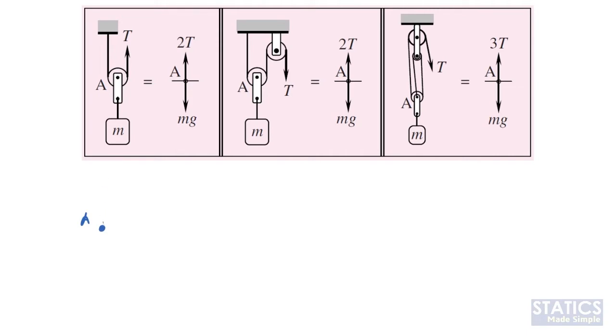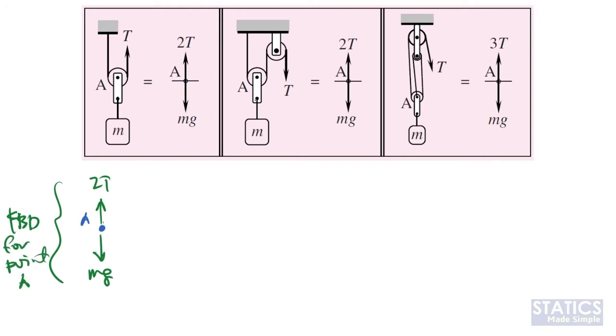So you will have T and another T. Since we are ignoring the dimension of the pulley, instead of having T and T like that, we have only one force vector at the same point A, and the magnitude is equal to 2T since we have two cables pulling point A. And then we have weight, which is given by mg, and weight will always be pointing downward. So this will be your free body diagram for point A.